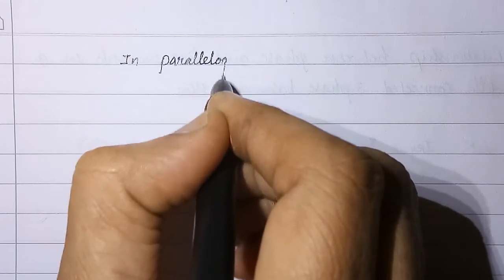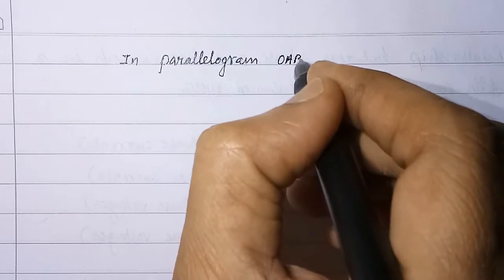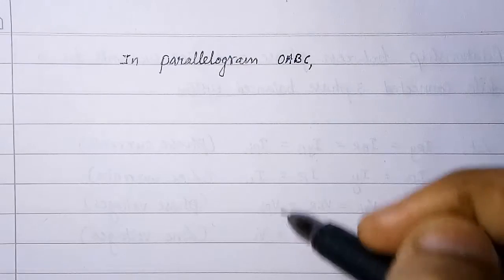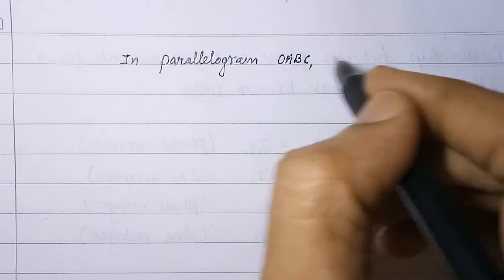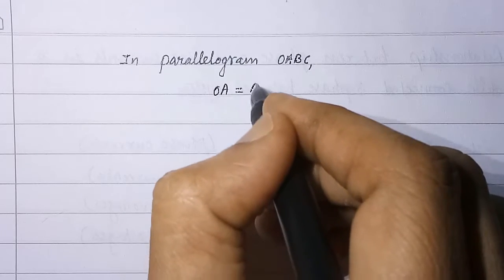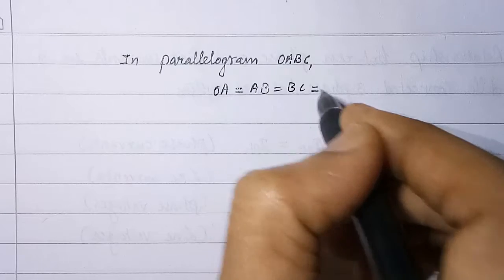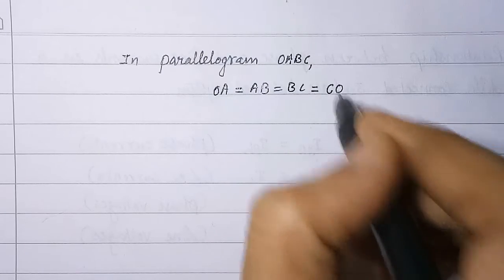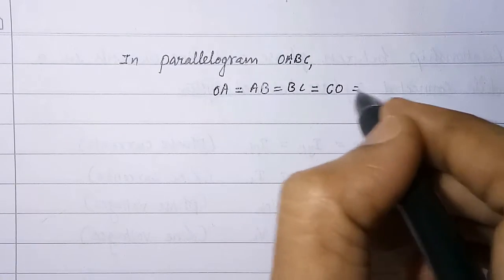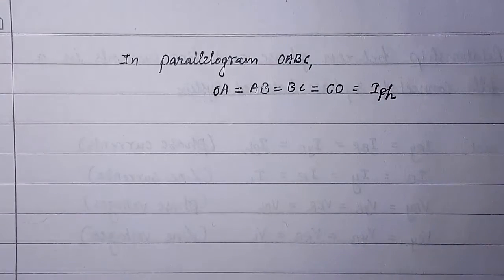In parallelogram OABC, OA is equal to AB, AB is equal to BC, and BC is equal to CO, that is equal to IPH.